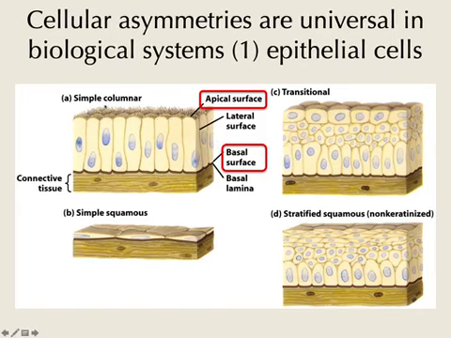If we focus on this first one here, the asymmetry or the polarity is very clear, right? You have this side, let's say, if this is the gut epithelium, that side faces the lumen, so that's the outside of the body, strictly speaking. Although it's inside, I know, but it's actually outside. Does that make sense?